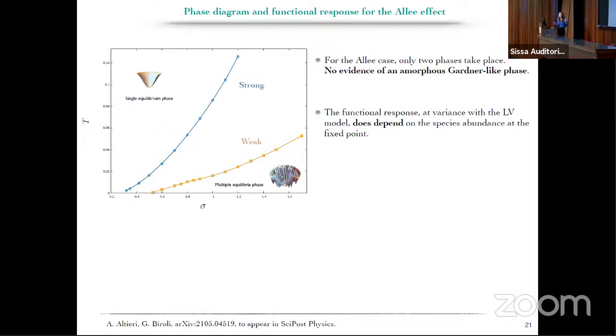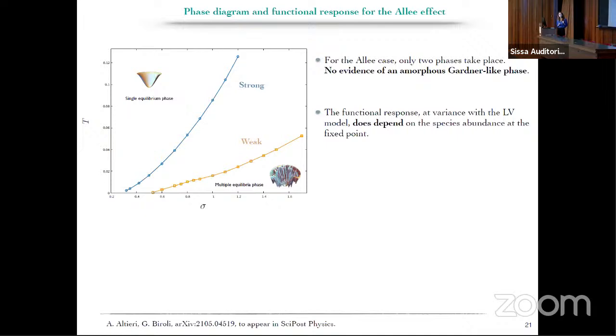Now there is no evidence of an amorphous Gardner-like phase. We can detect just two single phases, in blue for the strong Allee effect and in orange for the weak Allee effect. So just two single phases that correspond to the single equilibrium phase, so to an ergodic configuration space, and the multiple equilibria phase at very low demographic noise or high heterogeneity.